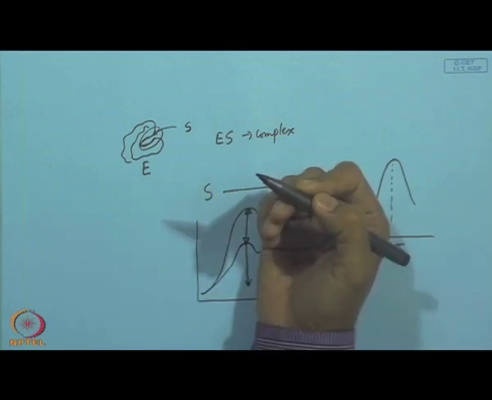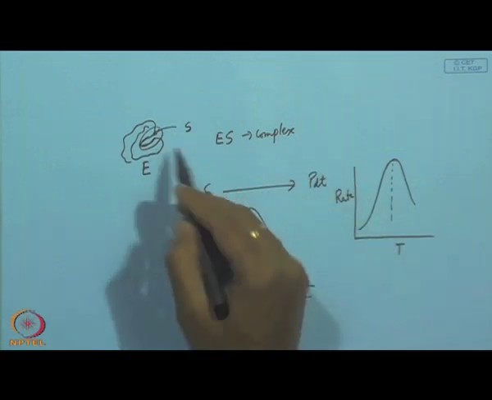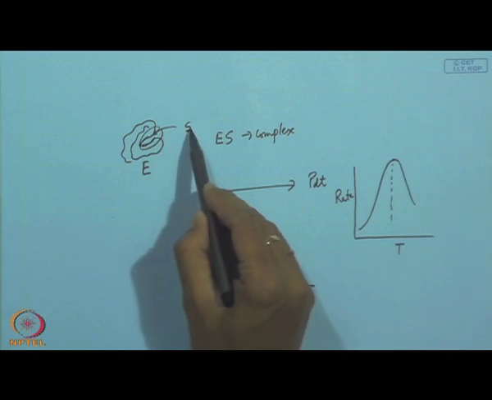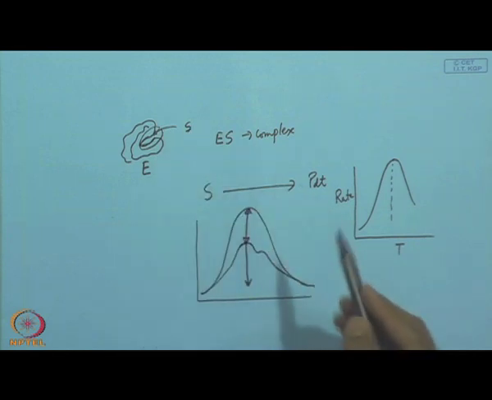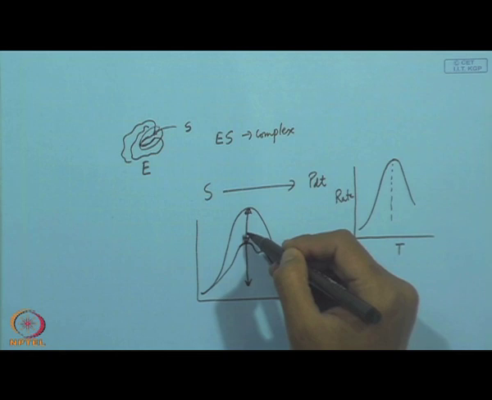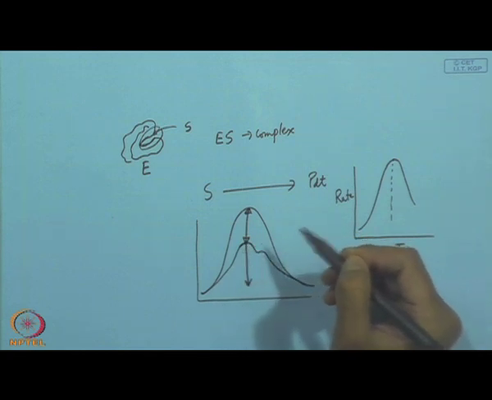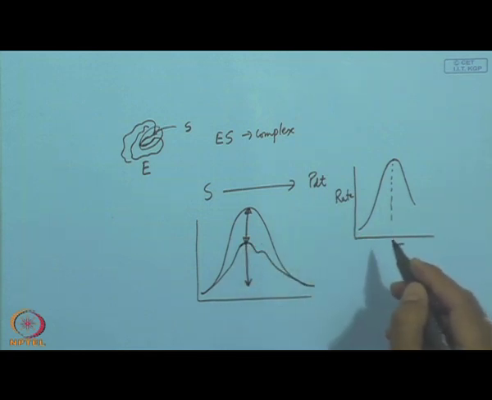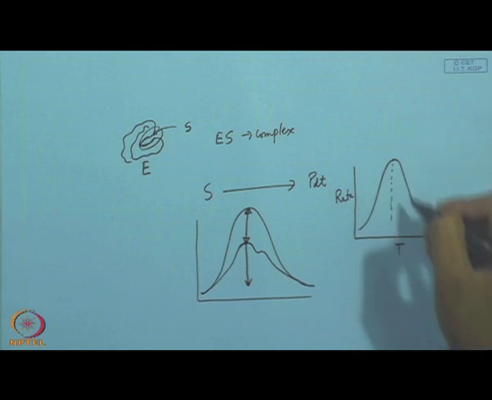If you increase the temperature, the active site is misfolded or unfolded, so that enzyme-substrate complexation is no longer facile, the lowering of activation energy is not there, and as a result the reaction rate is reduced.